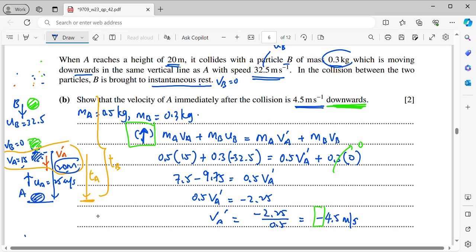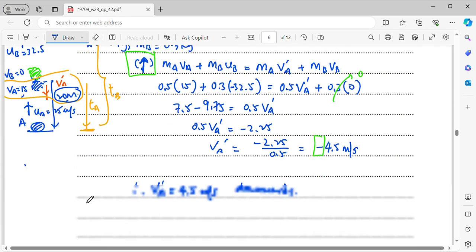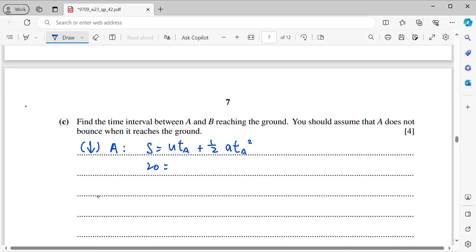Then I will just write the U is 4.5 because I'm considering after the collision. Then TA plus half, the A is 10, then TA squared.